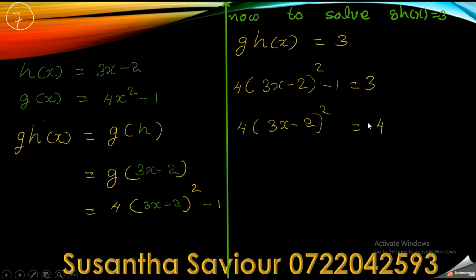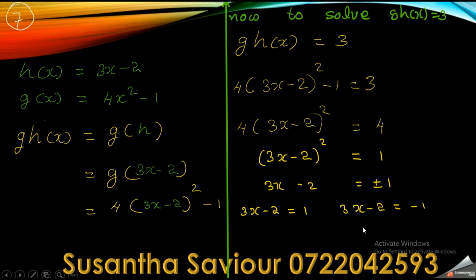Now divide by 4, then you get (3x minus 2) whole thing squared is equal to 1. Now you take the square root on either side, then you get 3x minus 2 equals plus or minus 1. 3x minus 2 equals 1, or 3x minus 2 is equal to minus 1. x is equal to 1, or x is equal to 1/3.